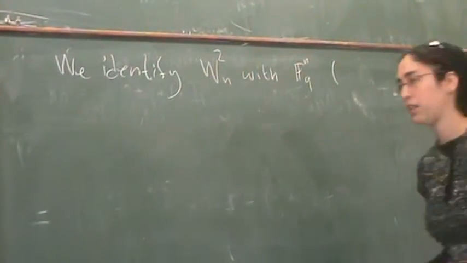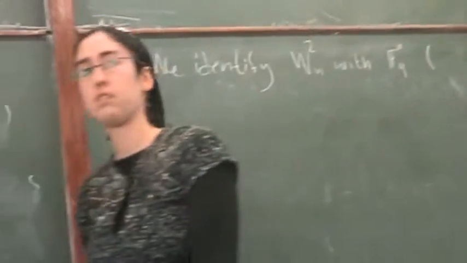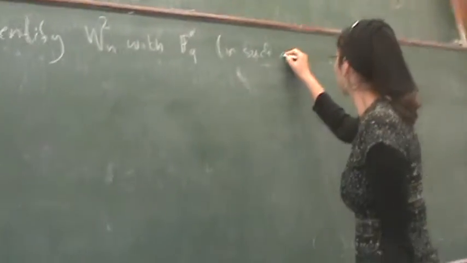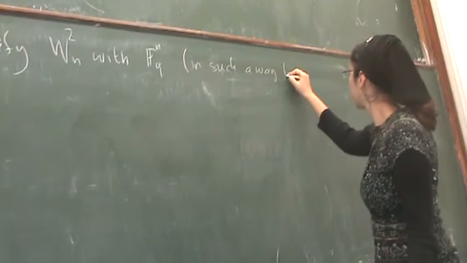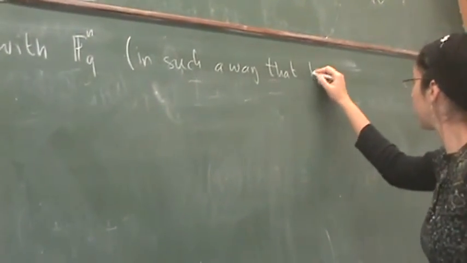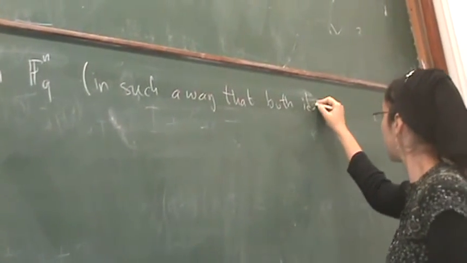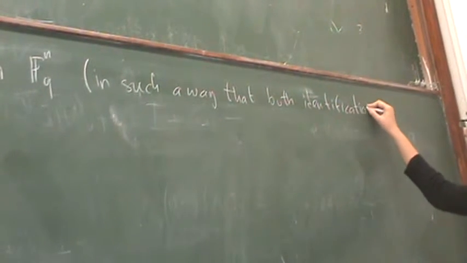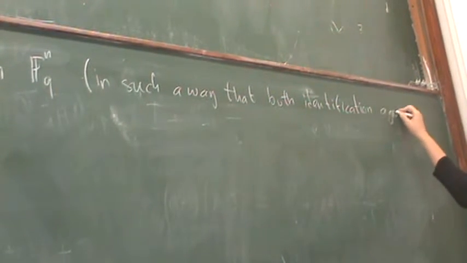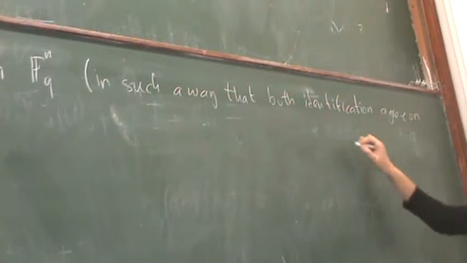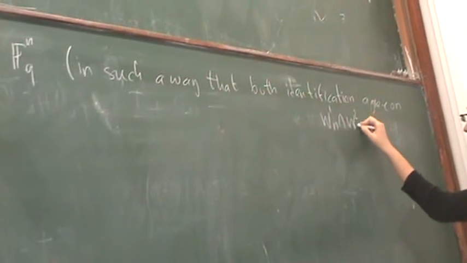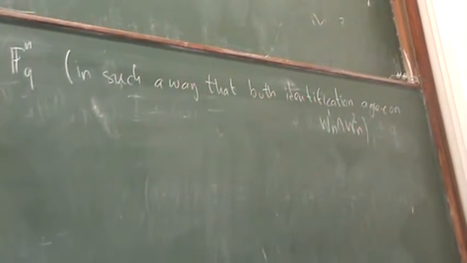We have to be compatible with this one in a certain way, so that both identifications agree on the intersection W1n intersection W2n, which should be possible.